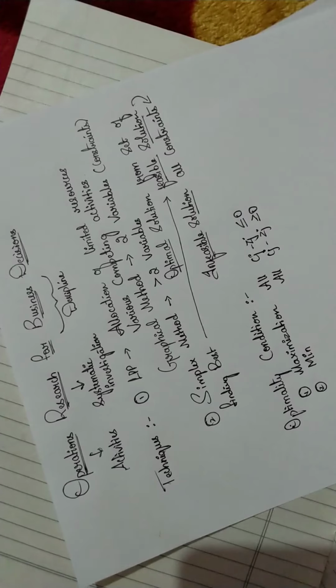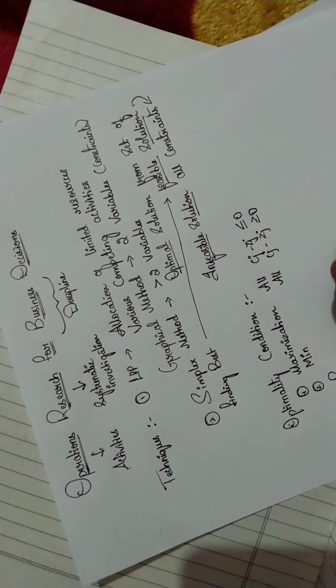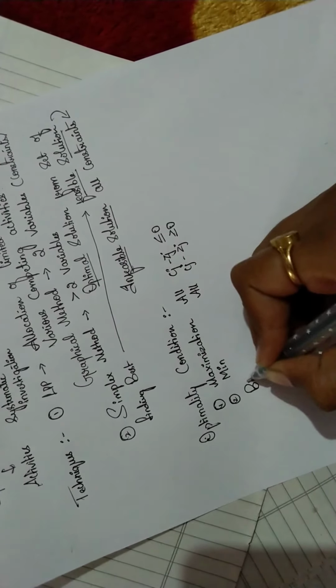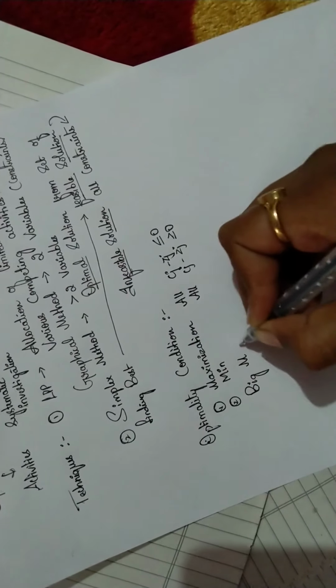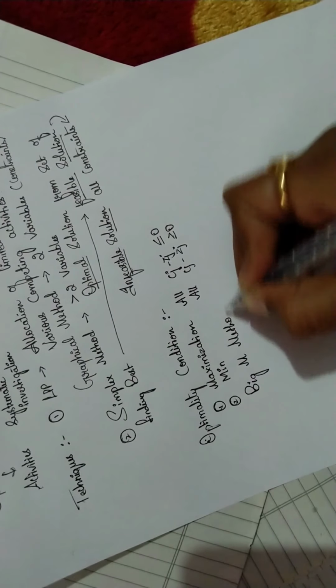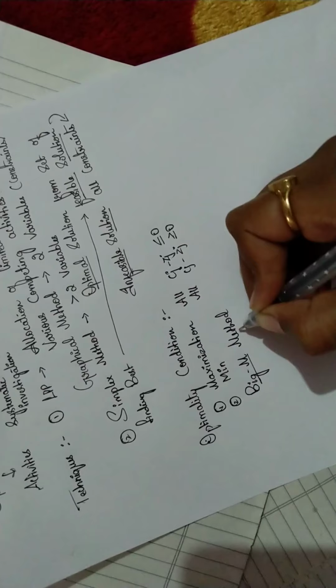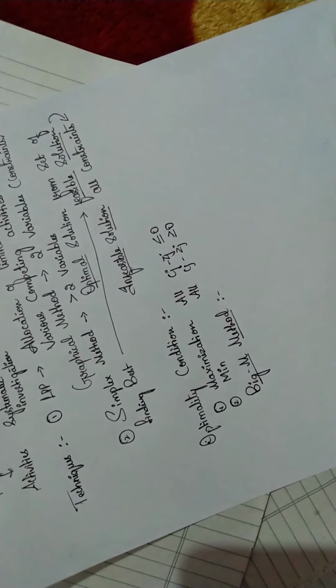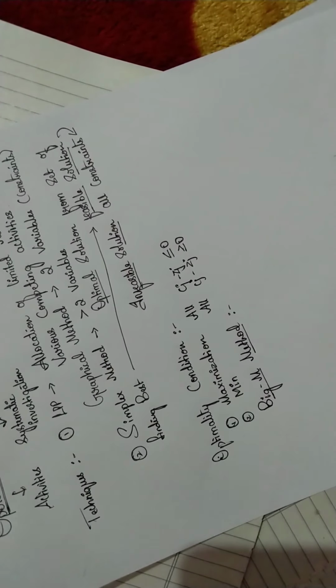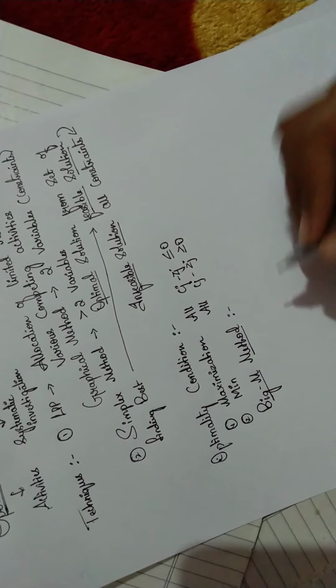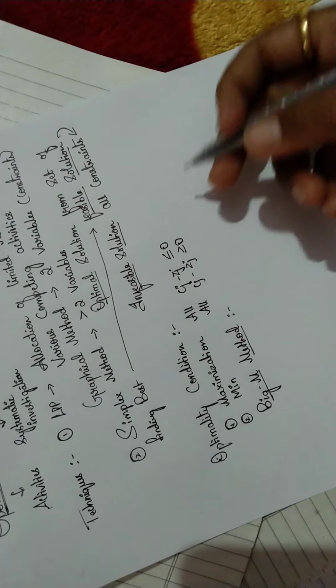And moving on to the next method in case of simplex, we have big M method. So we have already done problems based on this big M method. So checking optimality condition for big M method, the optimality condition goes the same.